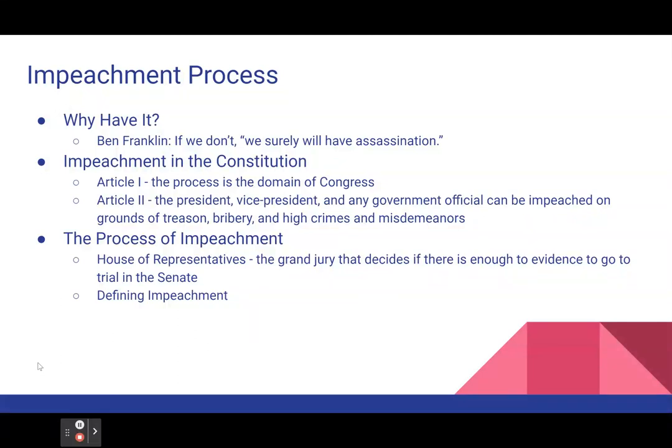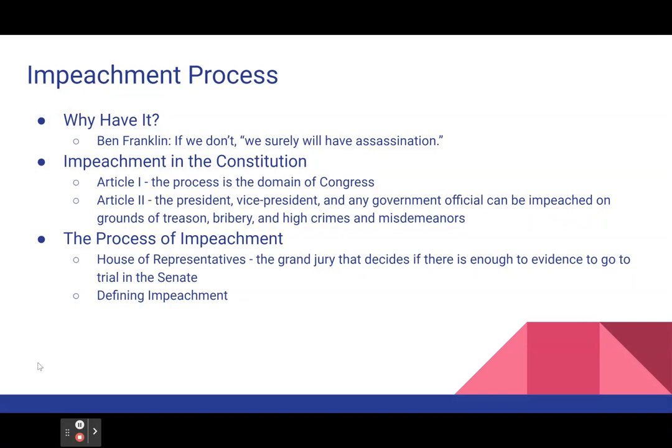So, in other words, that is 66 senators. 66 senators have to vote guilty in order for the person to be removed from office.